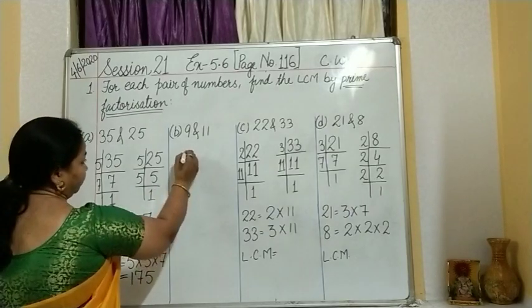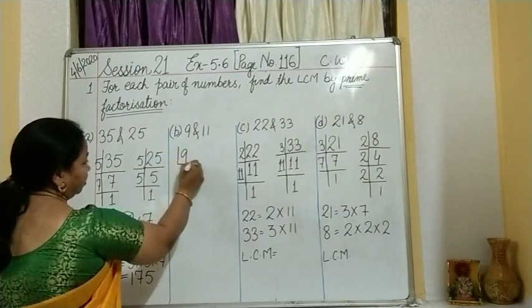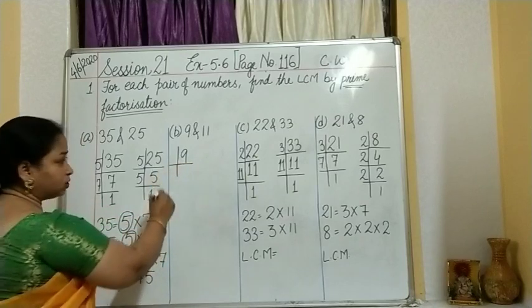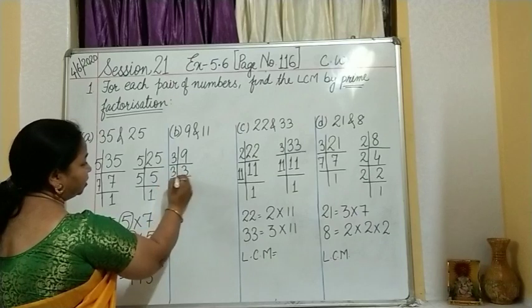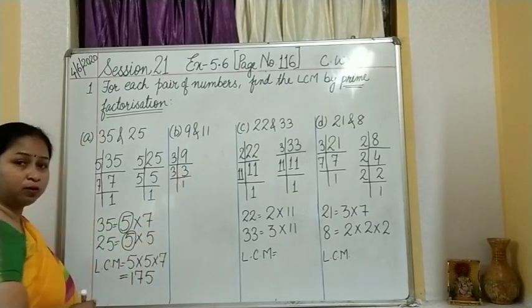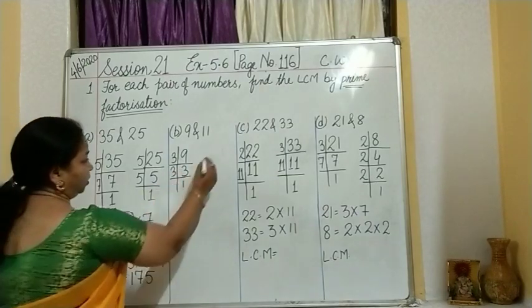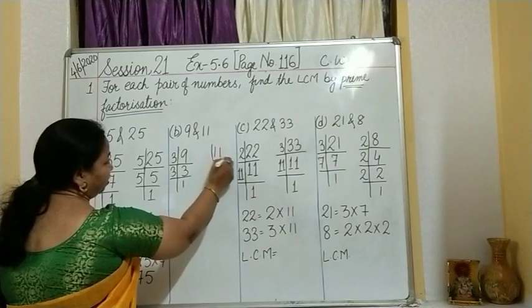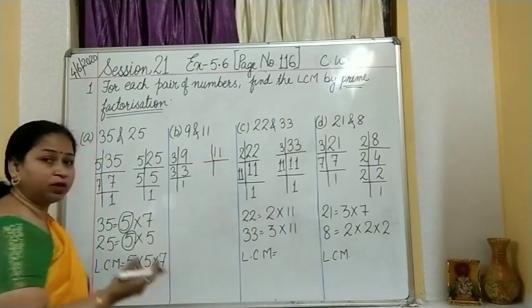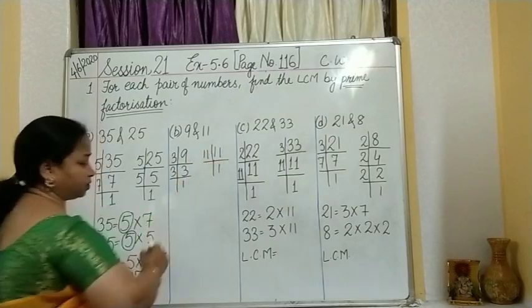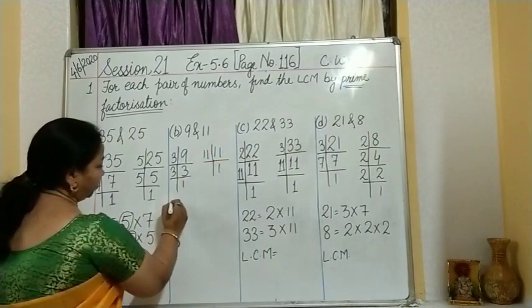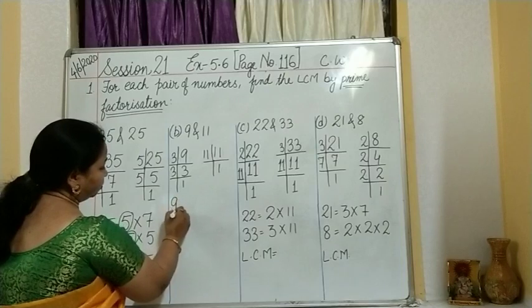9 and 11. For 9, we will find out the prime factors first. 3 3s are 9, 3 being a prime number, gets divided by itself, so we have 1 over here. Then 11, what are the prime factors? 11 is itself a prime number, so it will be divisible by itself. Now find out the LCM.